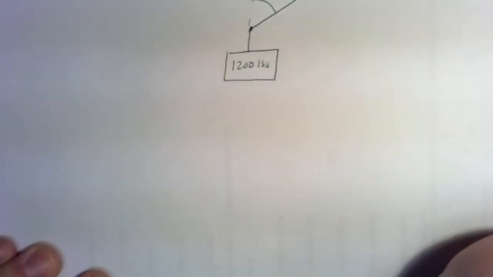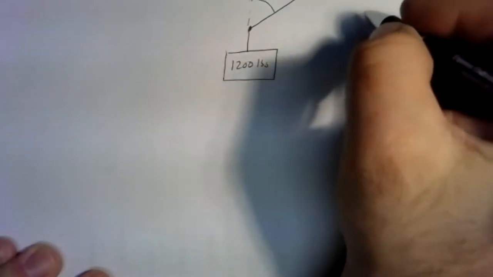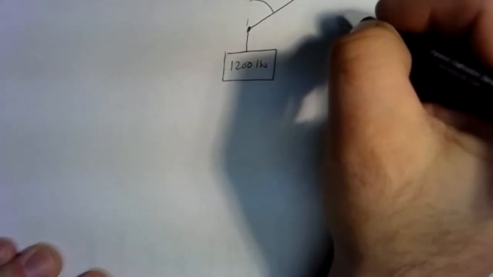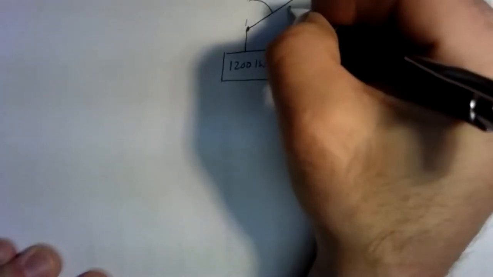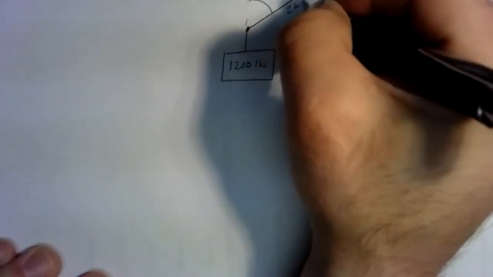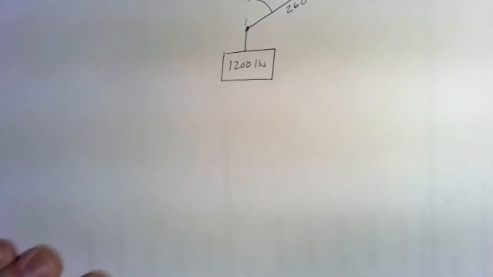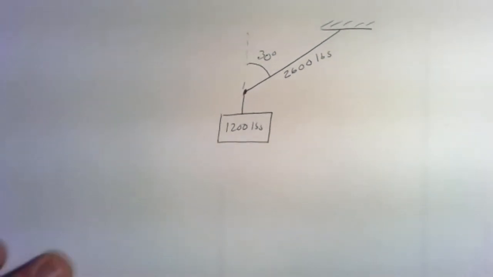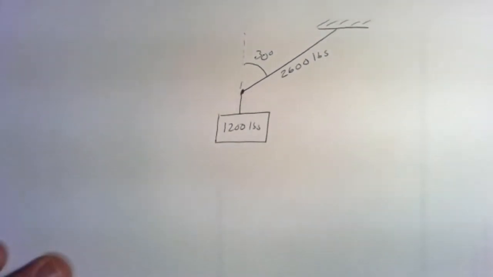And the tension in this wire, we'll make that 2,600 pounds. There we go. So 2,600 pounds of tension in that wire, 30 degrees off of vertical.